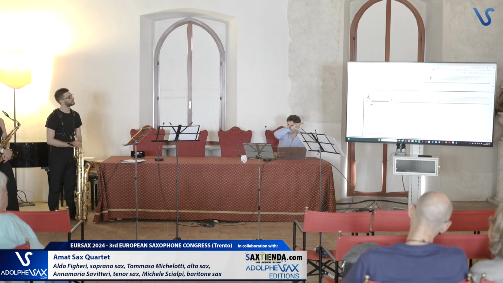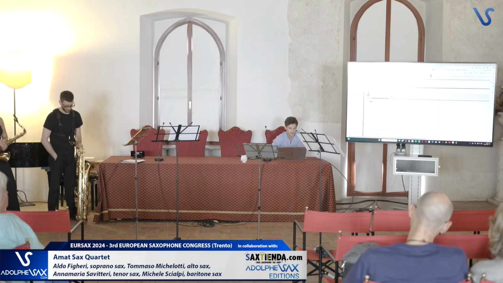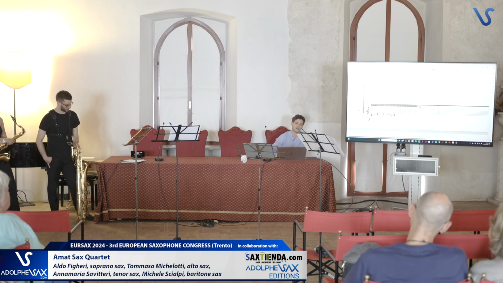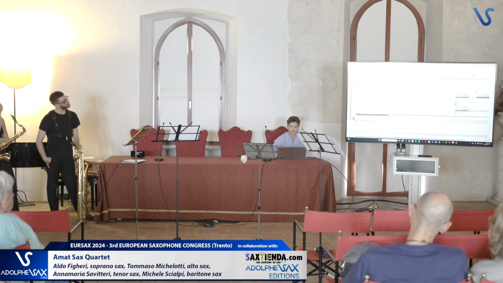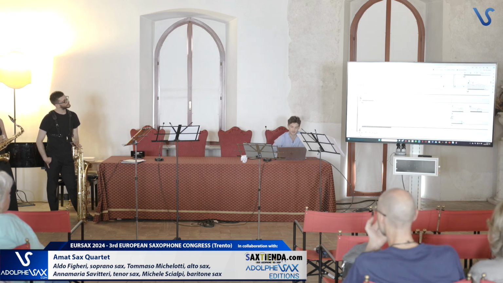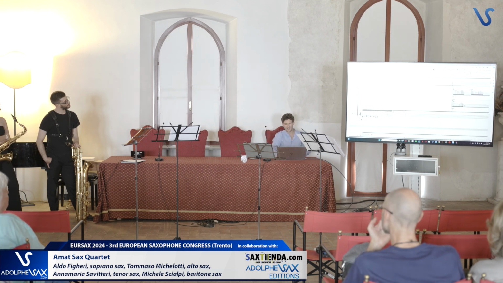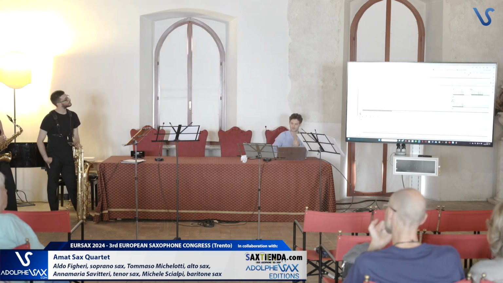This is a very, very high whistle with the ghost note keys fingering, and above we have the very opposite register, a sound of not pitchy sound of the saxophone.